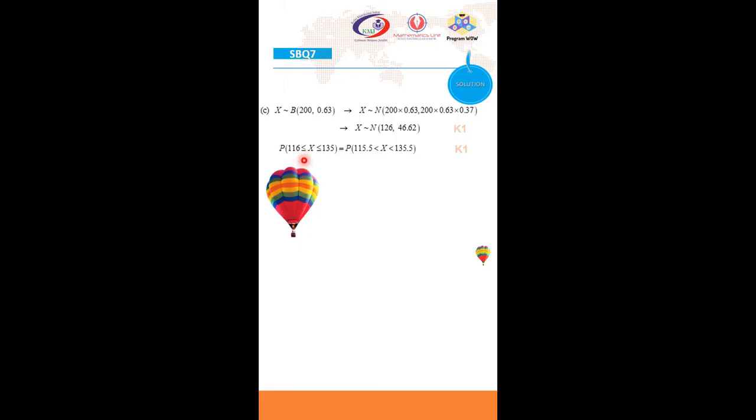So 0.5 to the left of 116 will be 150.5, and 0.5 to the right of 135 will be 135.5. Okay, so after we deal with the continuity correction, then we can proceed with the change into Z. Okay, so remember the process here. Continuity correction first, and then we change to Z, and not vice versa.